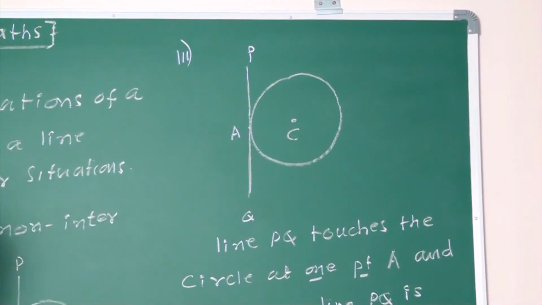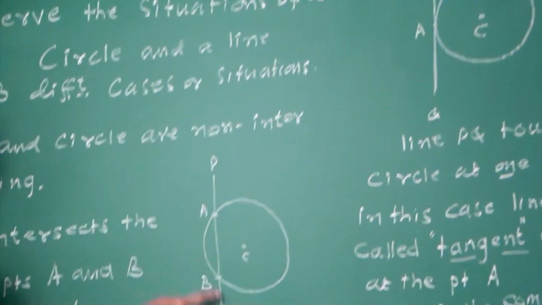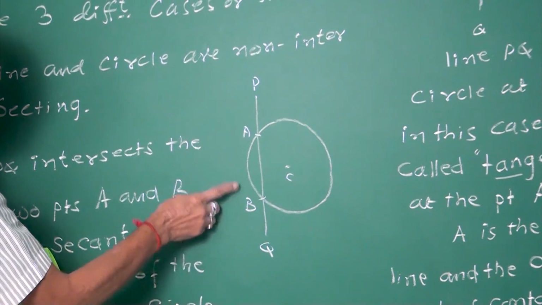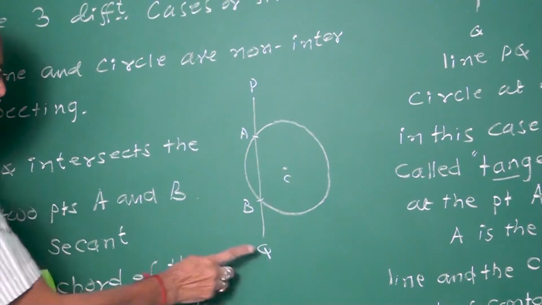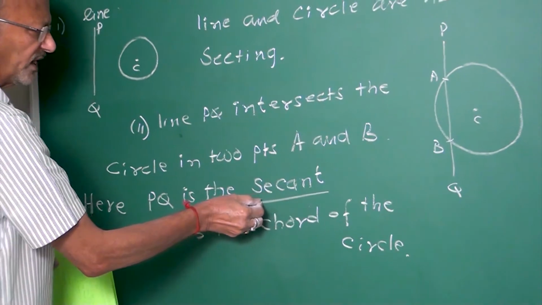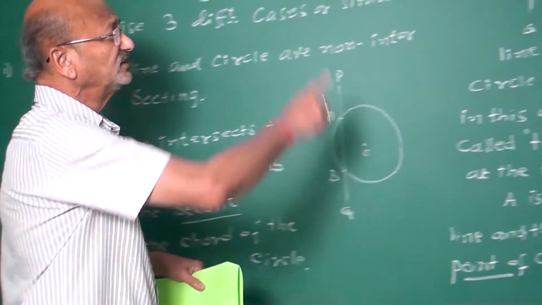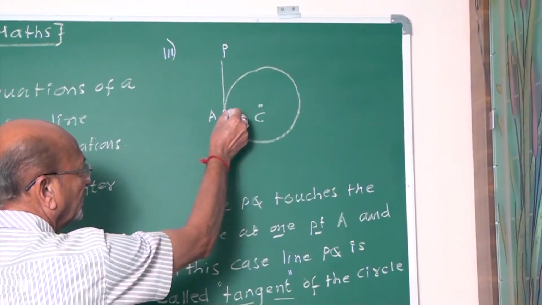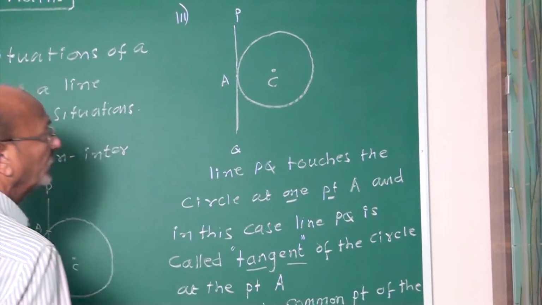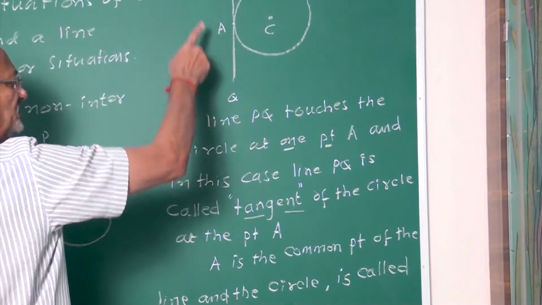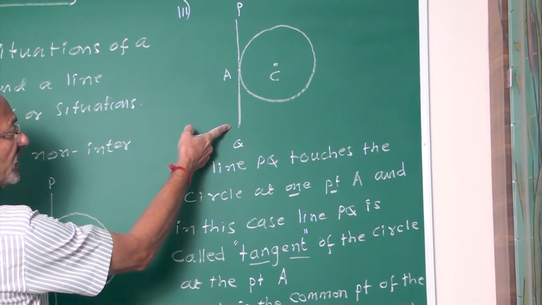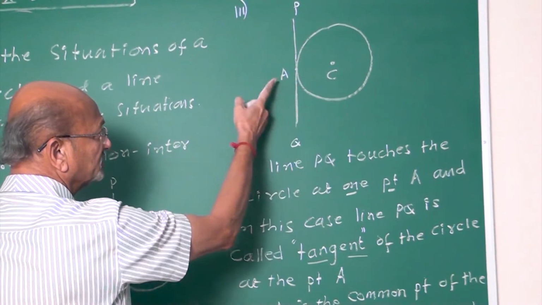If the line intersects at 2 points, then PQ is known as a secant of the circle. If it intersects at one point, you can say tangent is a special type of secant.